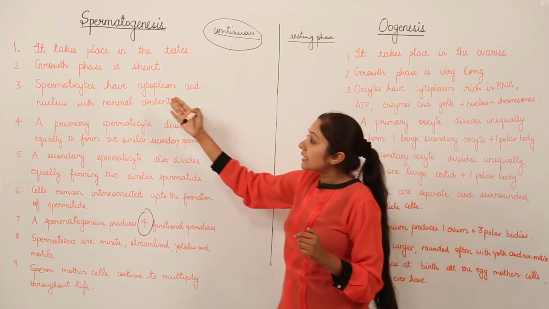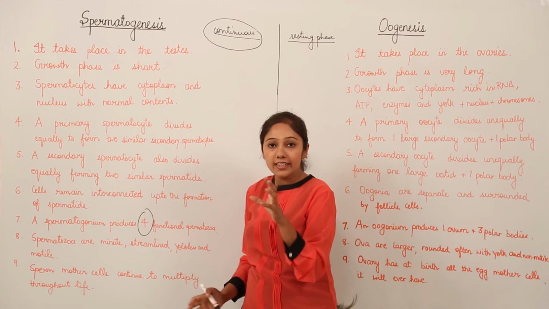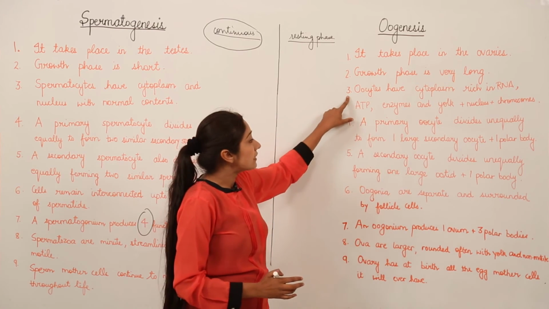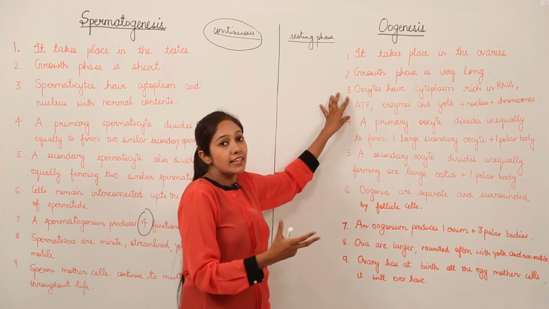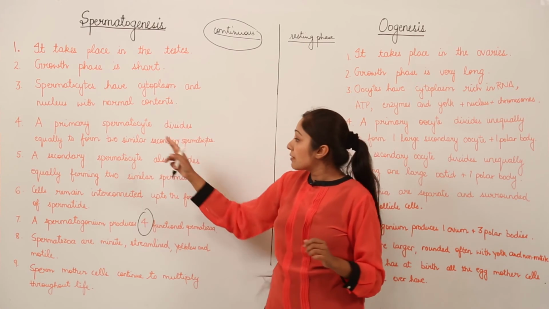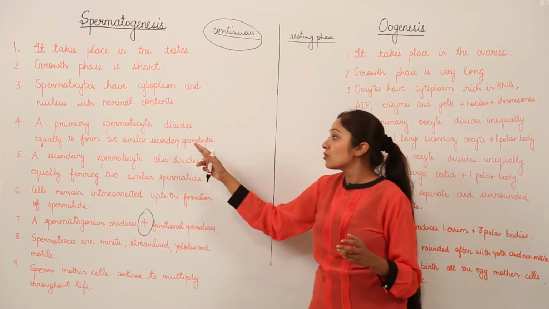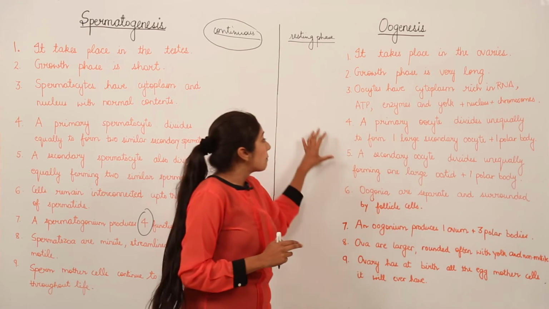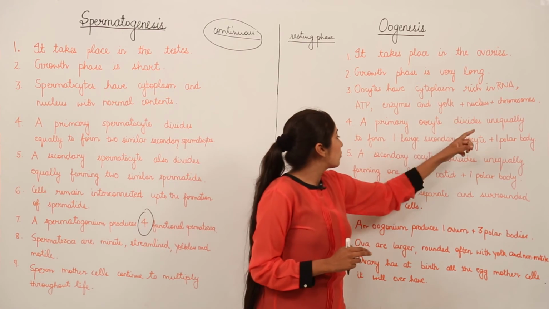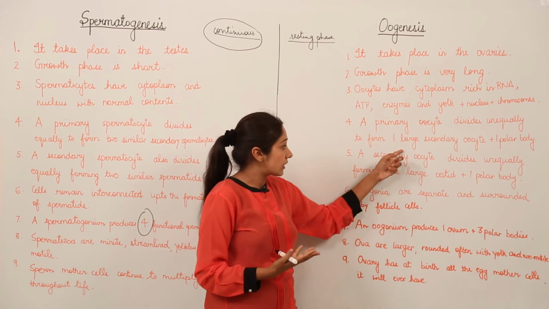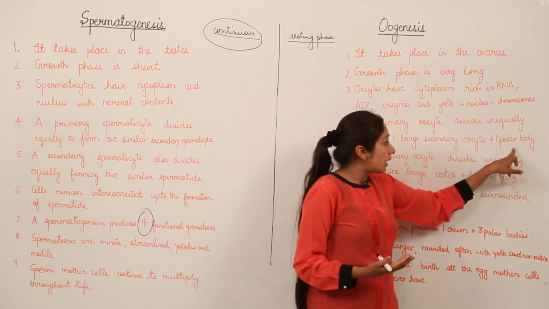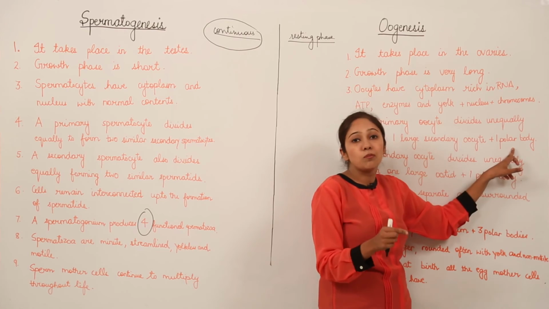Spermatocytes have cytoplasm and nucleus with normal contents, but oocytes have much more content. A primary spermatocyte divides equally to form two similar secondary spermatocytes, but a primary oocyte divides unequally to form one large functional secondary oocyte plus one non-functional minute polar body.